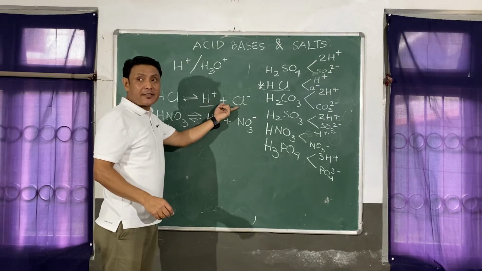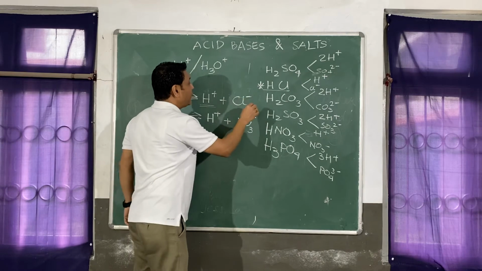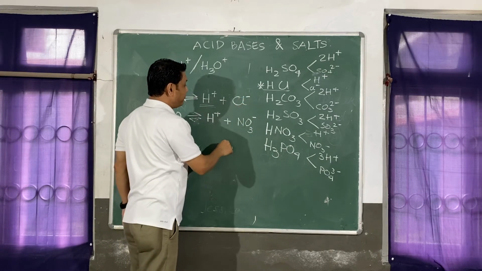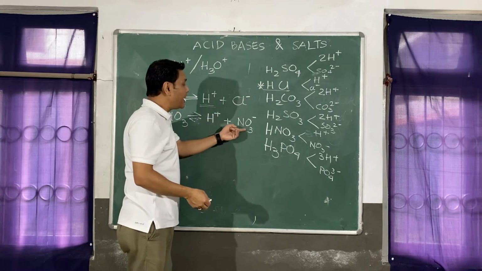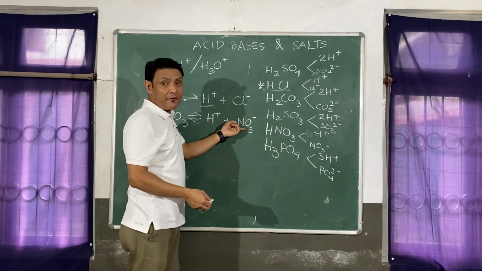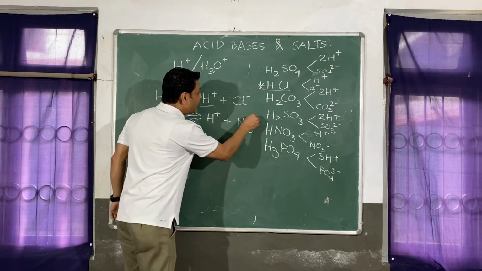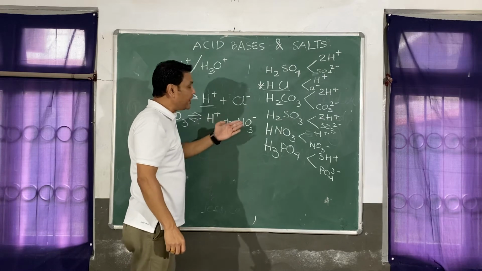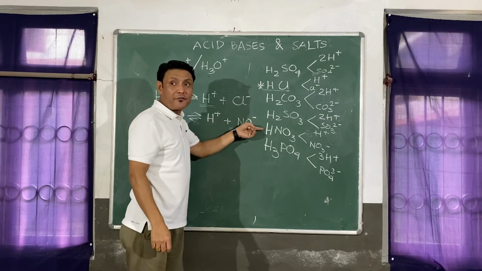Chlorine, the valency is 1, so therefore it produces a negative ion with a single negative charge. Similarly, nitrate valency is 1, so therefore it produces an ion with a single negative charge, because it has only one negative charge.